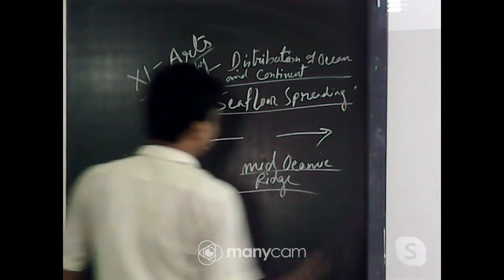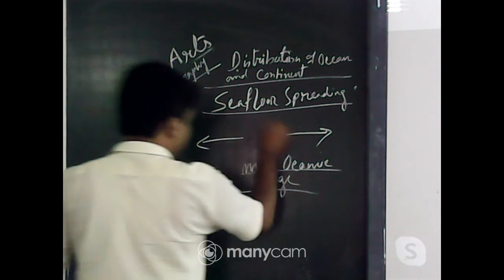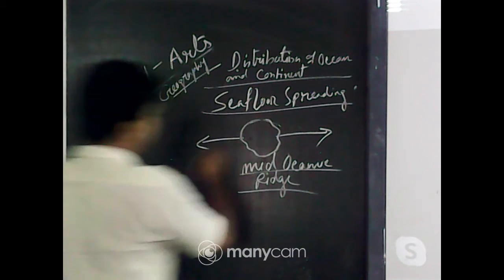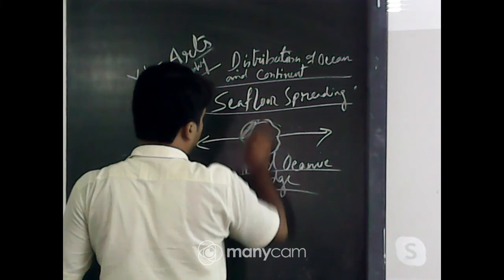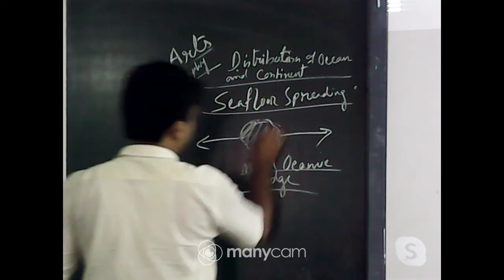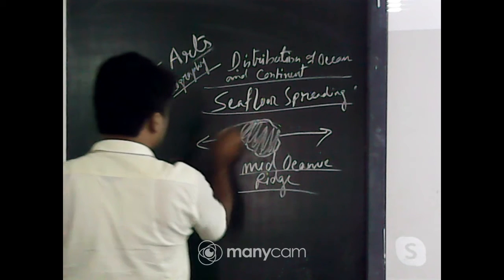In the mid-oceanic ridge, it is very common that lava is flowing, and the lava is also deposited due to the lava flow from the mid-oceanic ridge, because they have volcanoes. And in these areas lava is also deposited.